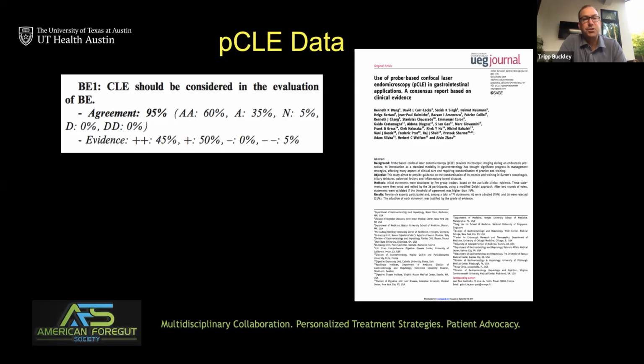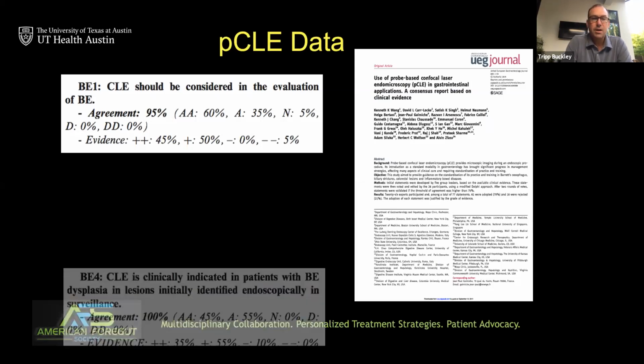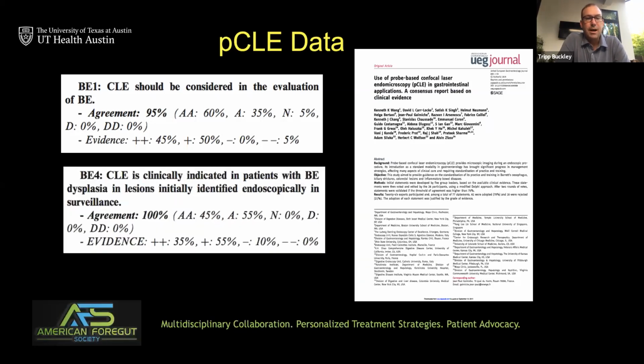Basically, should CLE be considered in the evaluation of Barrett's esophagus? 95% agreement that it should be considered. And I think more importantly, when you look at dysplasia, there was 100% agreement that it is clinically indicated in patients for surveillance with known dysplasia.